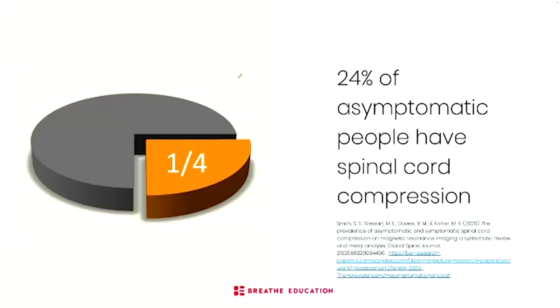Which is awesome, because that says that the spinal cord has a lot of margin for error built in, right? You can have a quarter of the population with compression and it still works perfect. So that says it's very robust and doesn't get easily discombobulated.